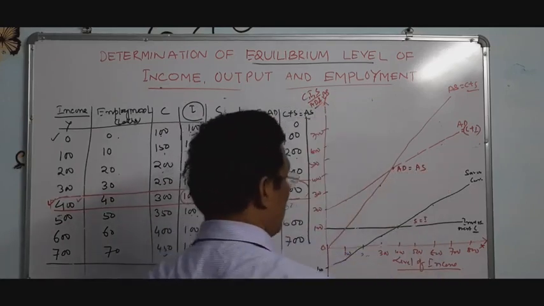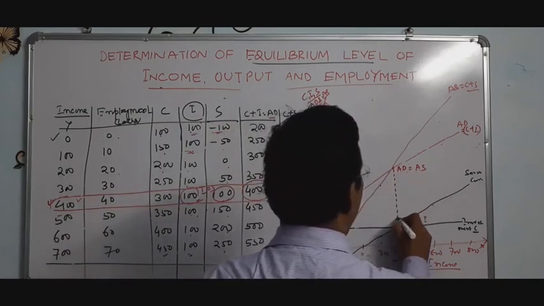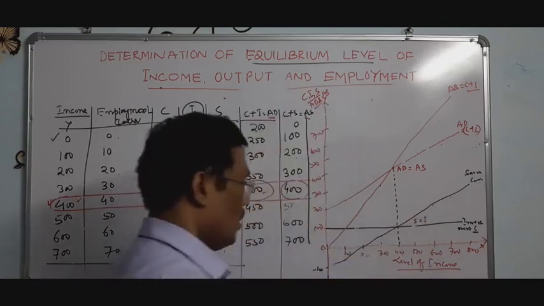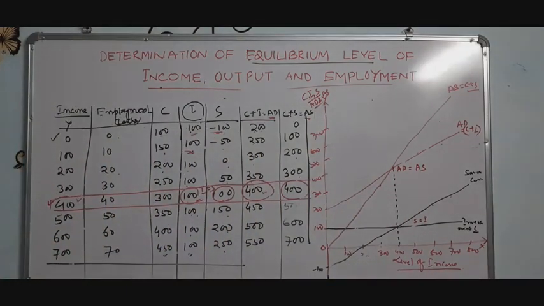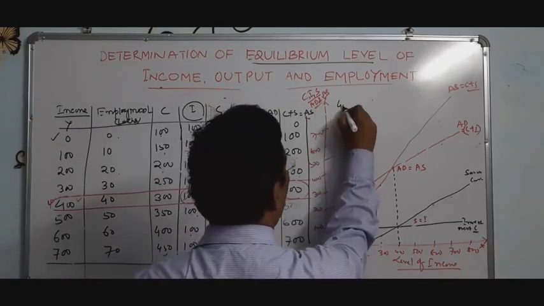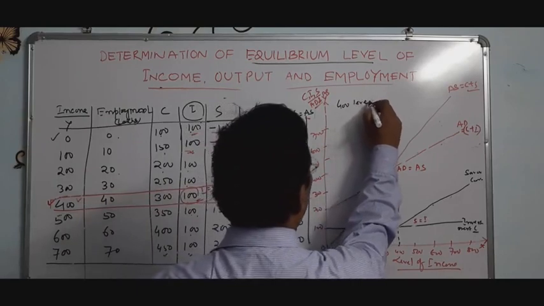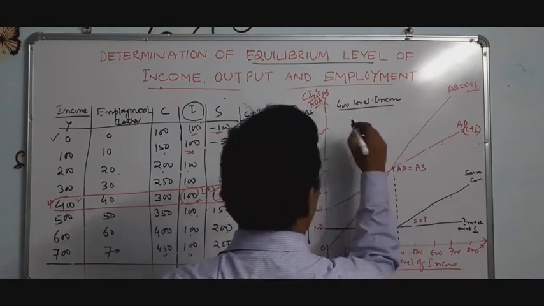In this point, that is 400 level of income. That is the level of 400 level of income.